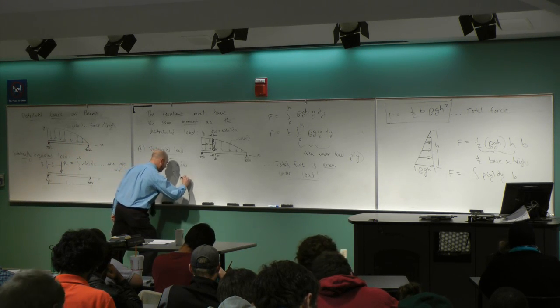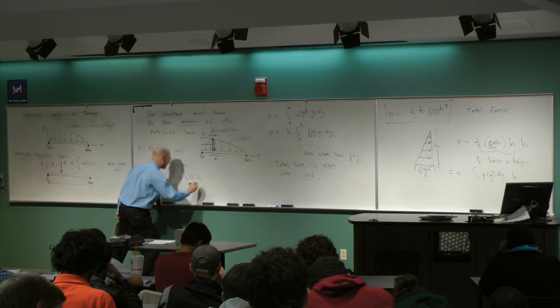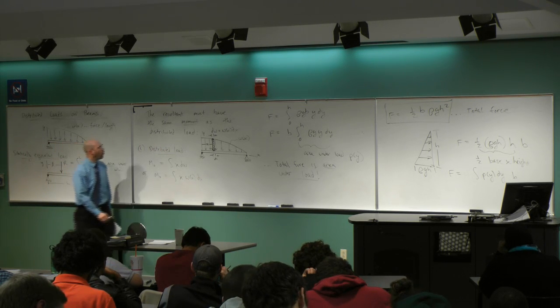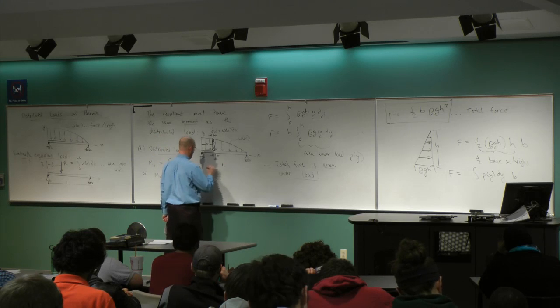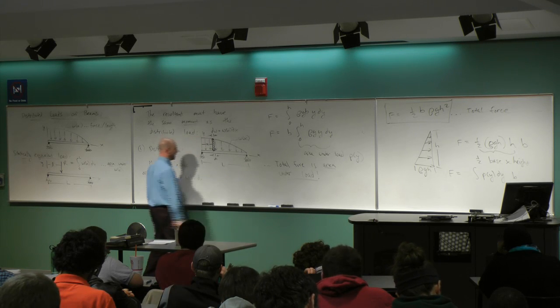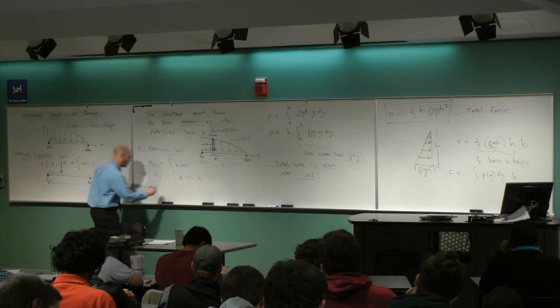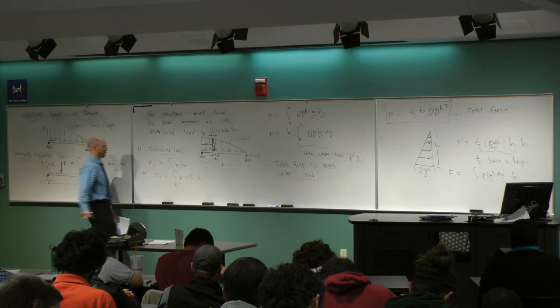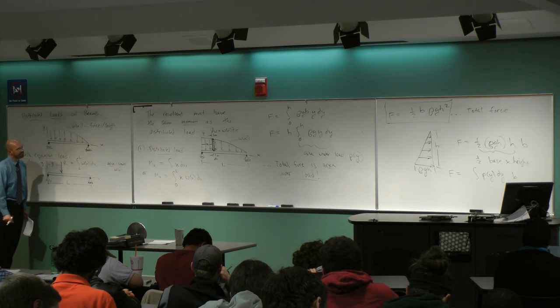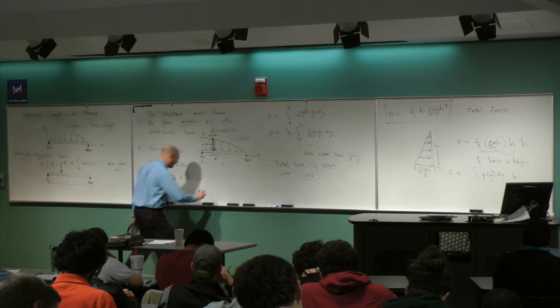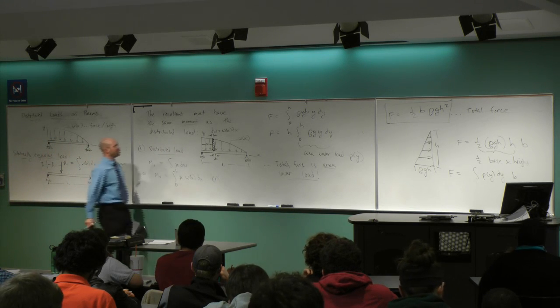So it's x times w of x dx, and I have to do that over the whole length of the beam. The beam starts here at 0 and it ends at x equals L. So I go from 0 to L. That's what the moment would be. I'm going to call this equation 1 for the distributed load.